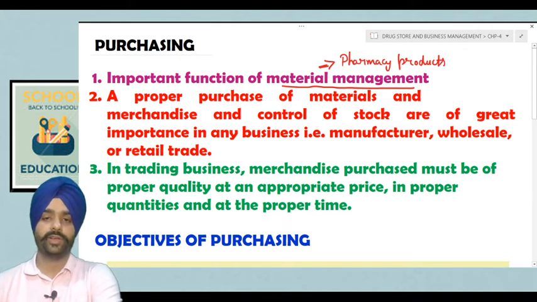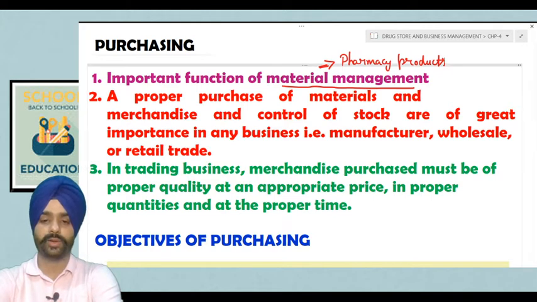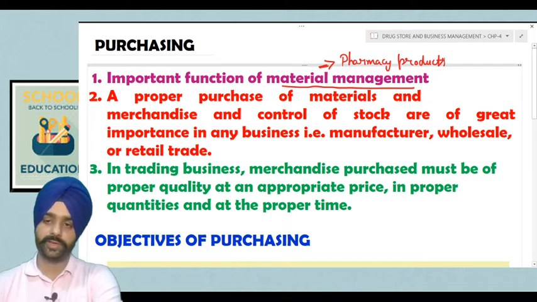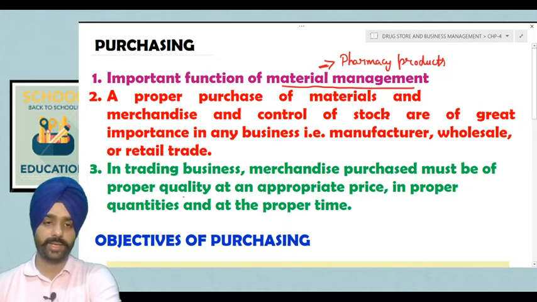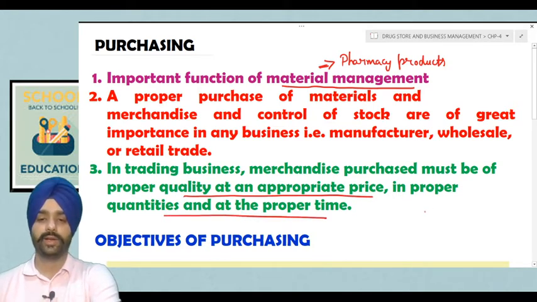A proper purchase of materials and merchandise and control of stock are of great importance in any business, that may be manufacturing or a wholesale or a retail trade. In trading business, merchandise purchased must be of proper quality at an appropriate price in proper quantities and at a proper time. So what are the requirements?